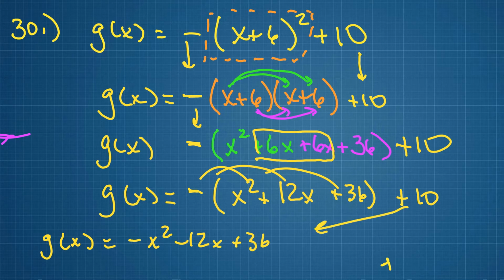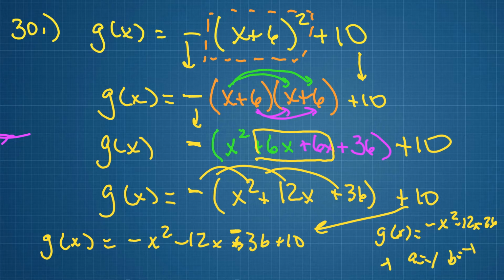And look, the plus 10 drops down. So my final answer should be g of x equals negative x squared minus 12x minus 26, where a is negative 1, b is negative 12, and c is negative 26. And that's it for 30.